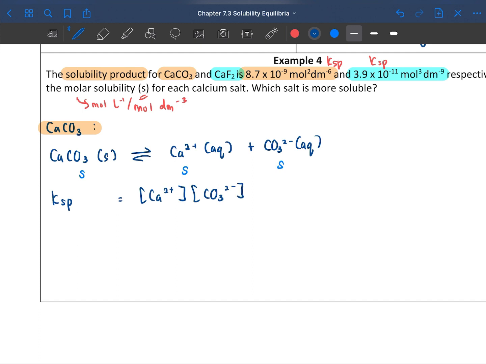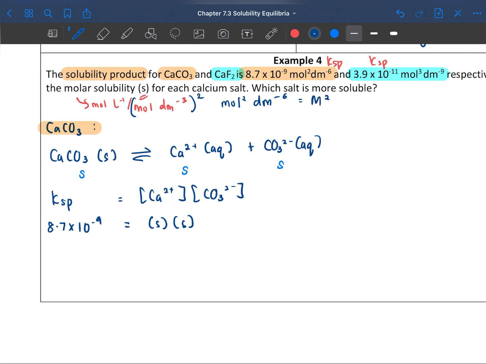KSP given adalah 8.7 exponent negative 9 equal to S times S. Unit dia mole kuasa 2 dm negative 6, actually ini adalah molar squared je.